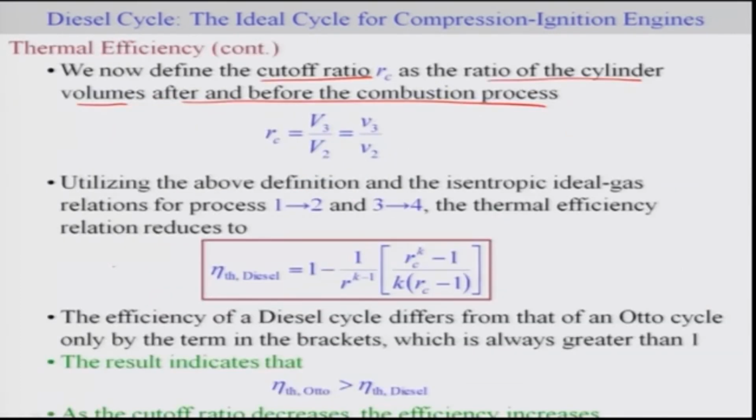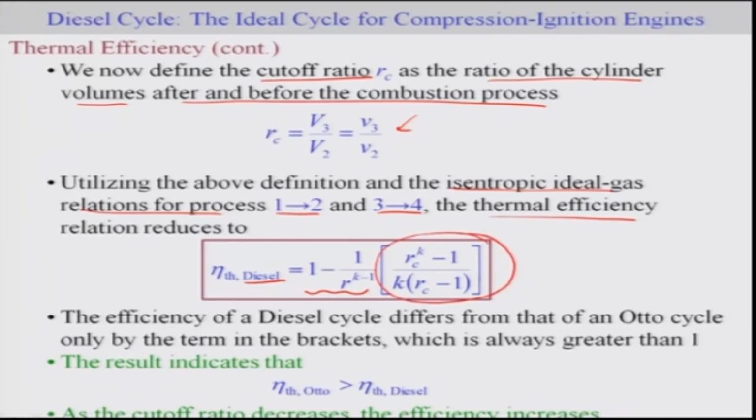If you make use of this Rc, we can utilize this definition and the previous expression, as well as the isentropic ideal gas relations for 1 to 2 and 3 to 4, and we can come up with this relation for the thermal efficiency of diesel engines. And you can see that you have this term which is the same as that of your Otto cycle. In addition, you have this term also.